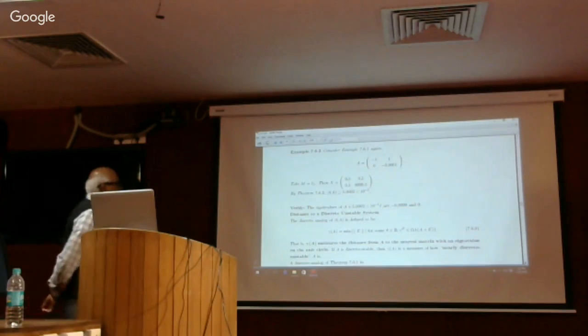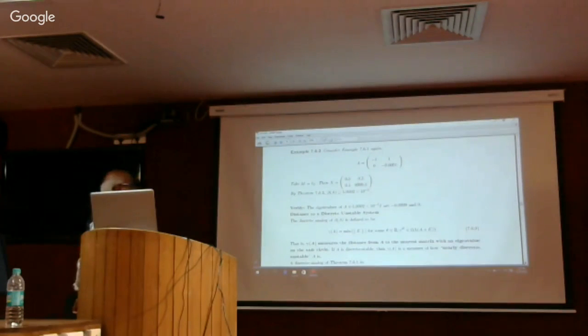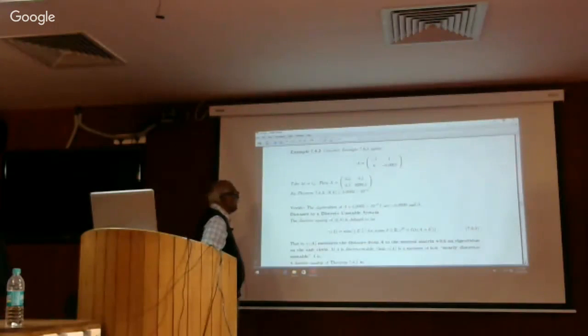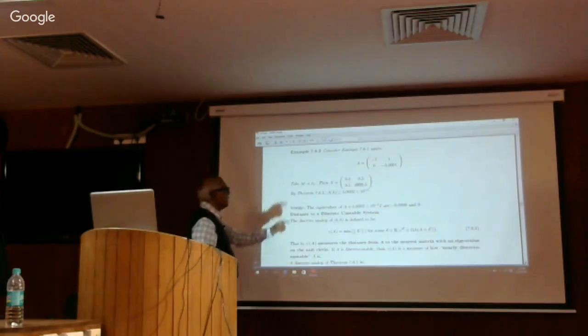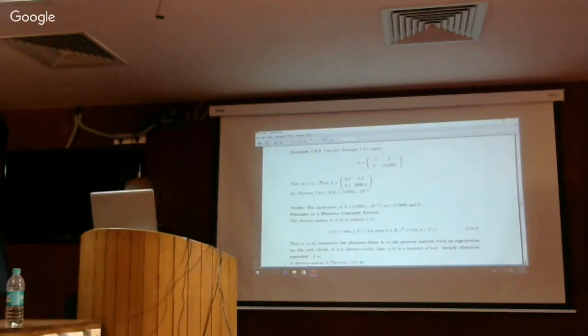And you take the matrix M equal to just an identity matrix and solve the Lyapunov matrix equation. The solution X should be 1.5, .5, .5, 5000 (approximately). And if you compute the beta A, the distance to instability, it is greater than or equal to 5.0002 times 10 to the minus 5.